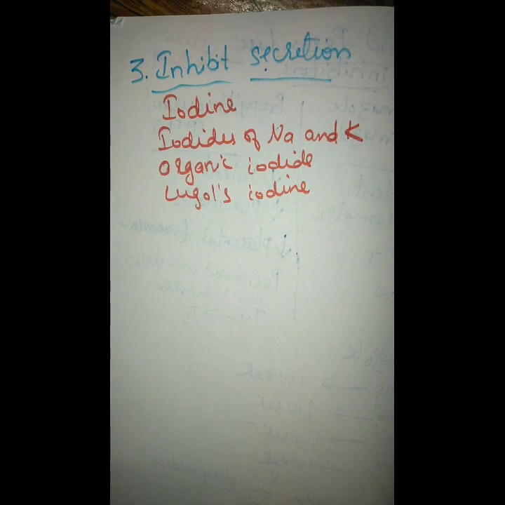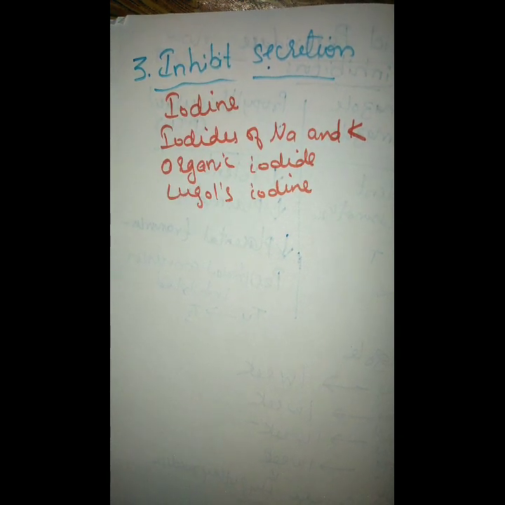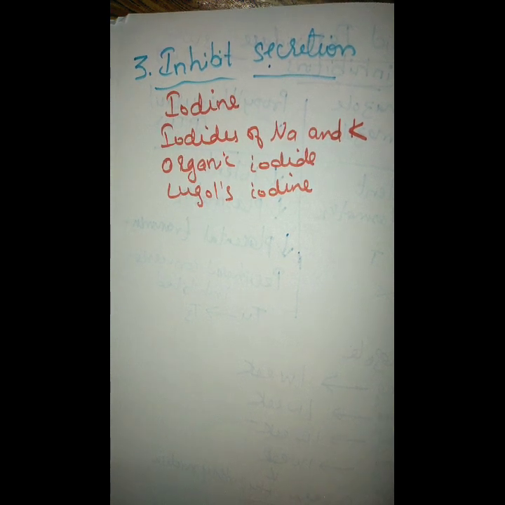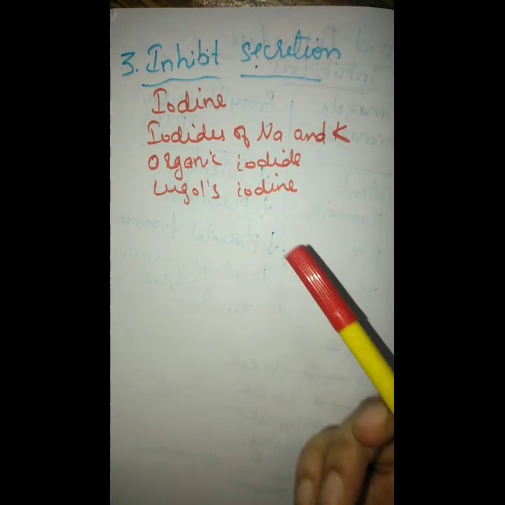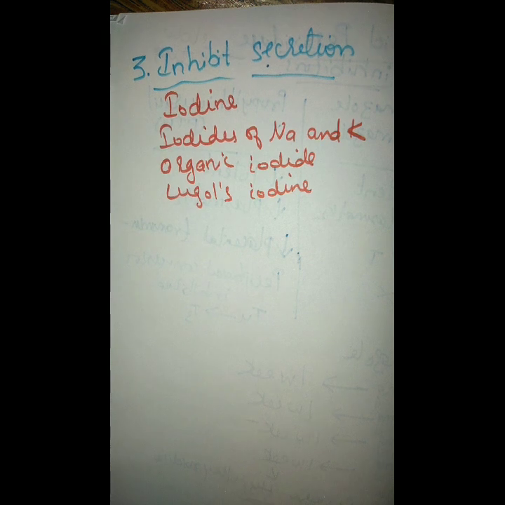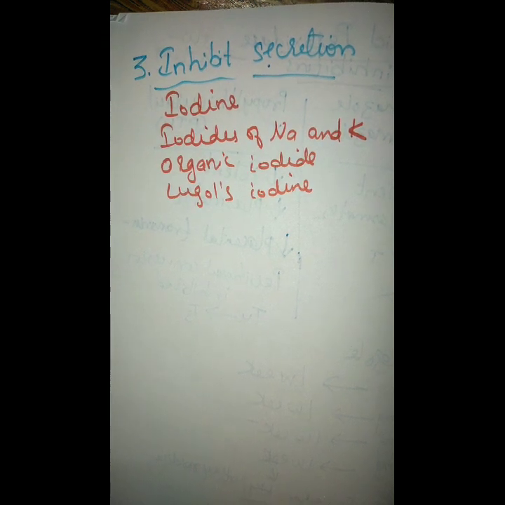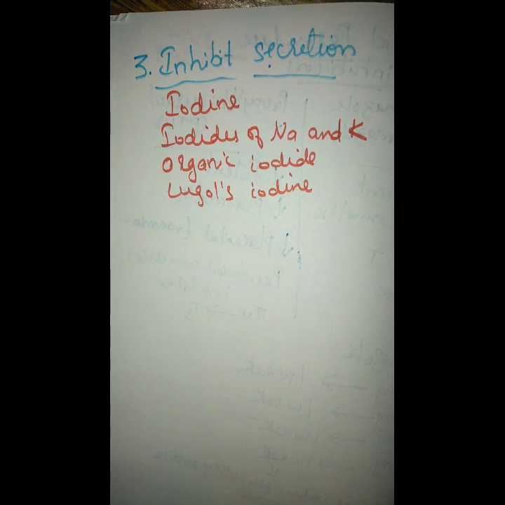The reason is, when we give these drugs pre-operatively, they make the gland smaller and less vascular. Less vascular means there will be reduced blood supply to the thyroid gland, because of which the gland will become small, firm and less vascular, and thereby the release of the thyroid hormone is inhibited. Okay, and it is a condition known as thyroid constipation.